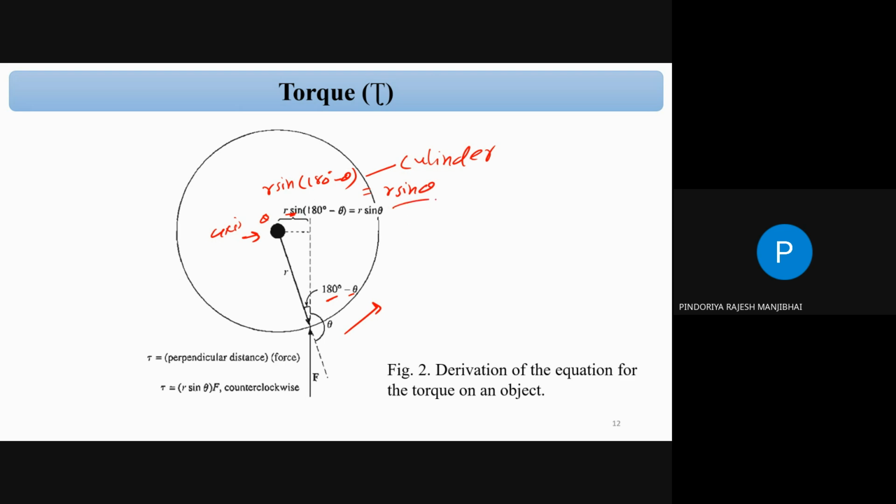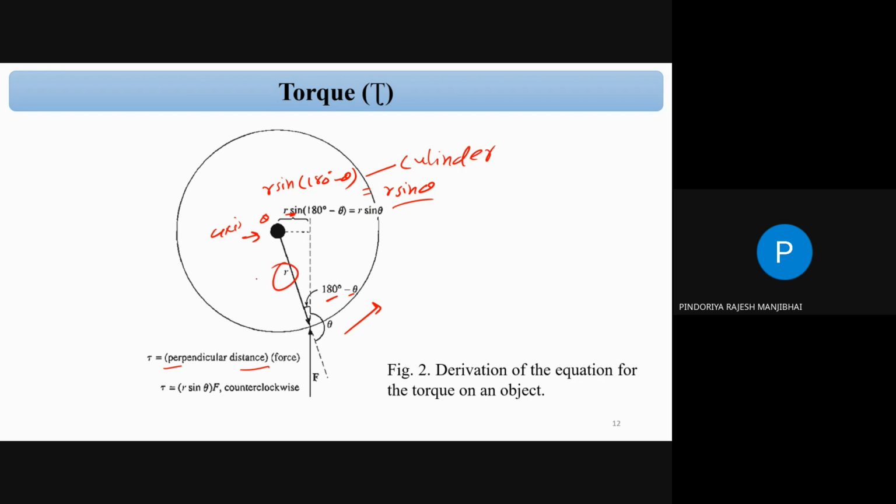This is a simple relation with a mathematical term, sine theta. So torque is equal to the perpendicular distance times the force. Torque is nothing but F times r sine theta, where r is the perpendicular distance at which we apply the force.